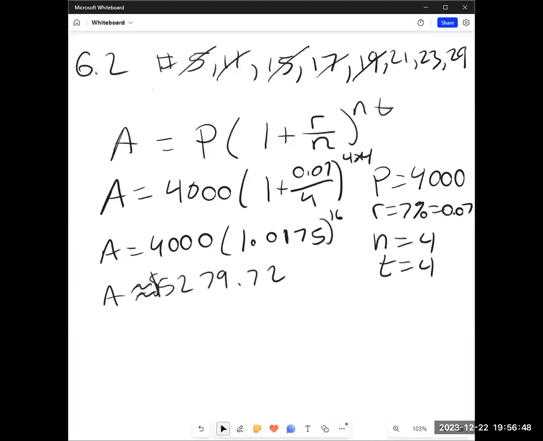So if we borrowed $4,000, we're going to have to pay back $5,279.72 when we pay back both principal and interest. We're going to have a whole chapter later on financial math to talk more about these types of interest formulas. We'll do lots of problems like that later.